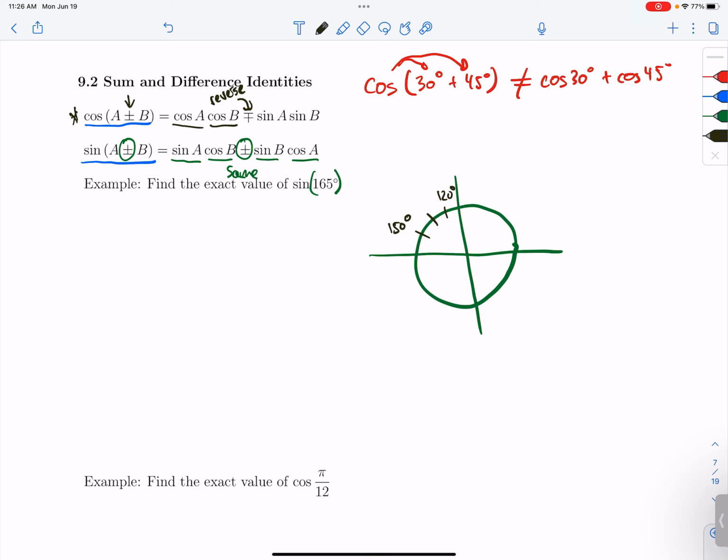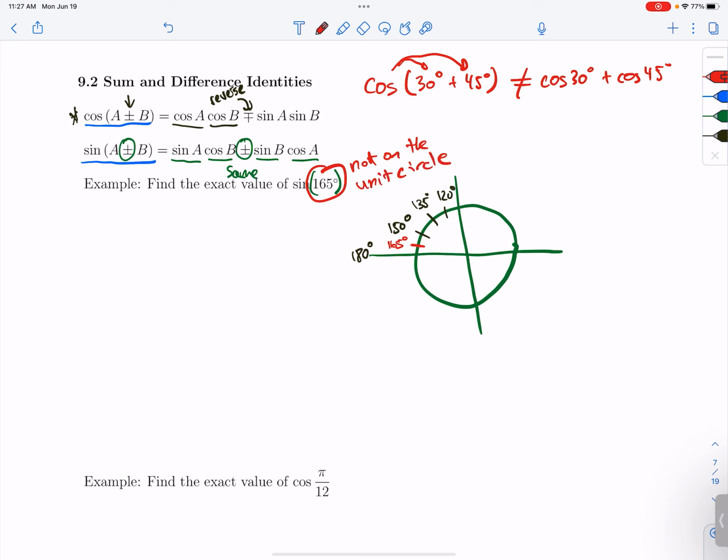Here's 180, and kind of going out of order, but those are the angles in the second quadrant that we are familiar with. 165 is right in here. So we don't know the sine value from the unit circle for 165. This is the instance when we want to use the sum and difference identity. We use the sum and difference identity when this angle is not on the unit circle.